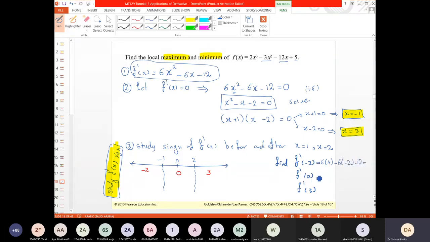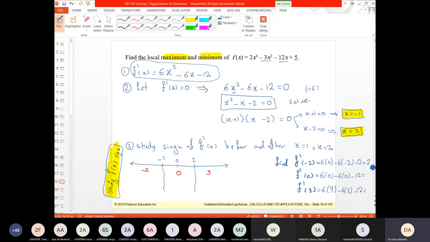Calculate this for me please. Now at 0 this will be 6 times 0 minus 6 times 0 minus 12. And at 3 this will be 6 times x squared, which is 9, minus 6 times 3, minus 12. I need those values please.